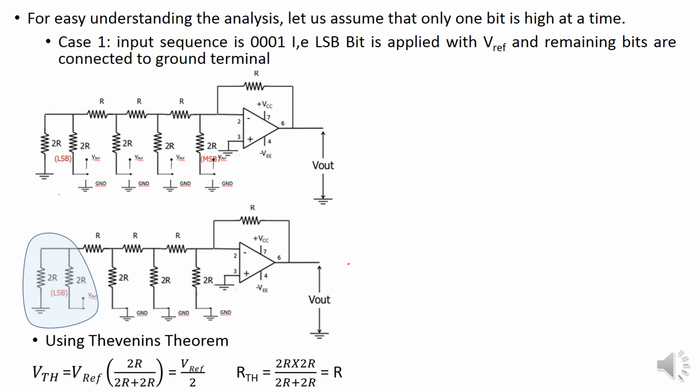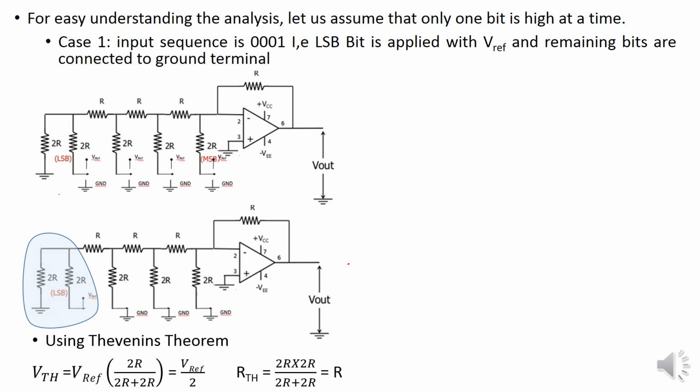So that is V reference by 2. That is VTH, and RTH is the parallel combination of two resistors. The resultant of two parallel resistors of equal magnitude will be half of the resistance value, or else you can simply calculate using Ohm's law. So RTH equals R.